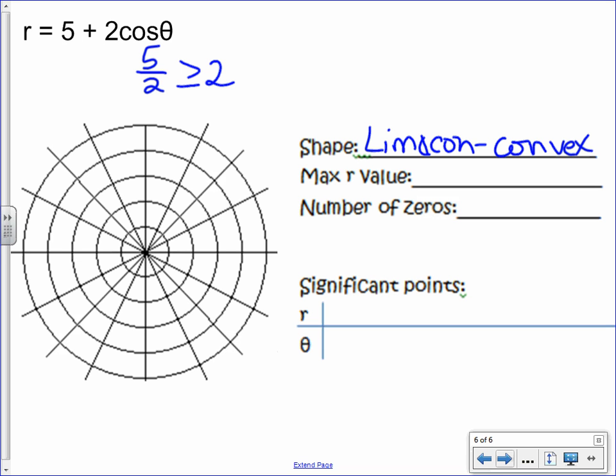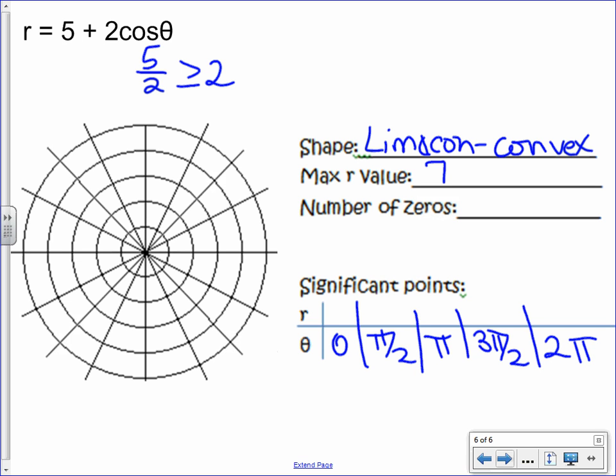Our max R value is 7, and a majority of this graph is going to be where? To the right, because it's A plus B and we have cosine, so a majority of this is going to open right, if you will. Same theta values here for our significant points.